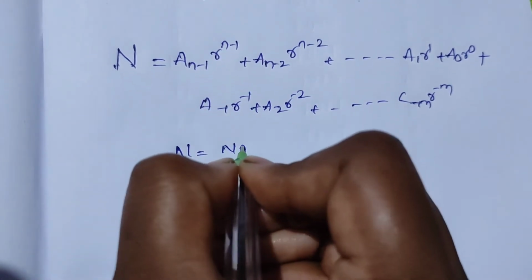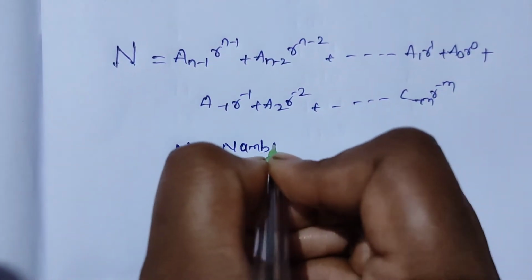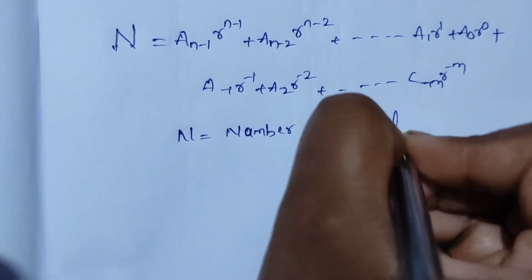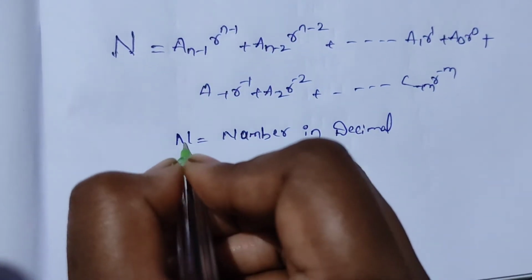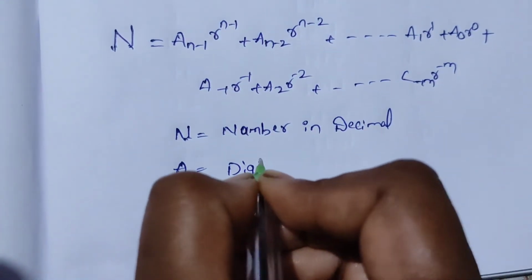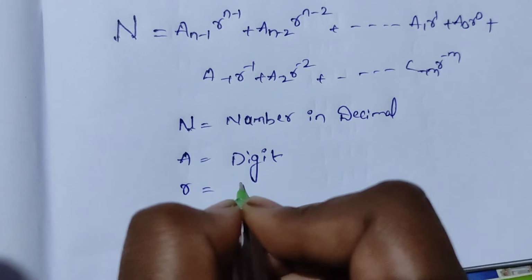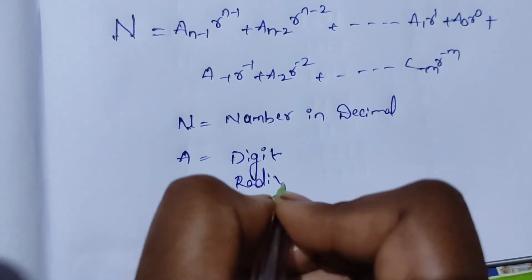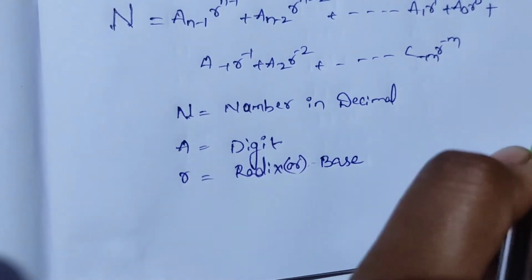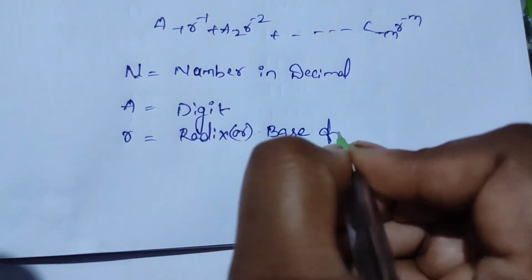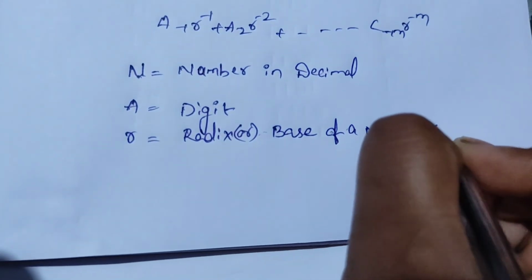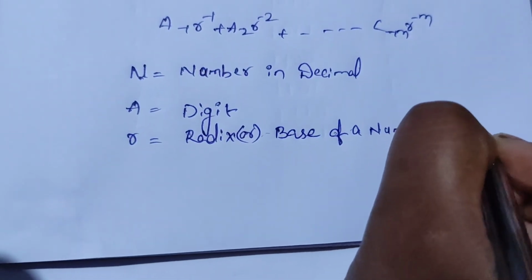N is equal to the obtained decimal number from the above formula. A equals a single digit in the example. R is equal to radix or base. If it is binary, then 2 is the base. If it is octal, then 8. If it is hexadecimal, then 16 is the base or radix, you can say.